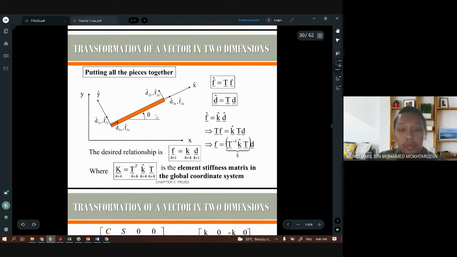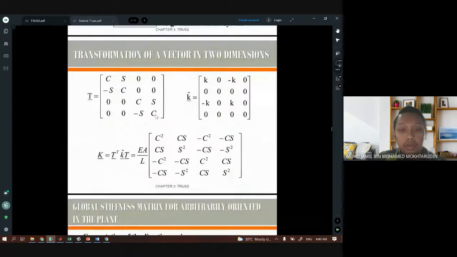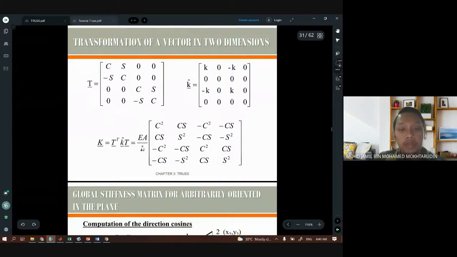So the first formula that you need to remember or jot down is this formula for K. K equals E, the Young modulus, times A, the cross-sectional area of the bar, divided by the length of the bar, multiplied by the matrix of cosine and sine.